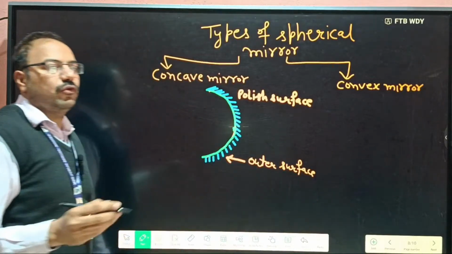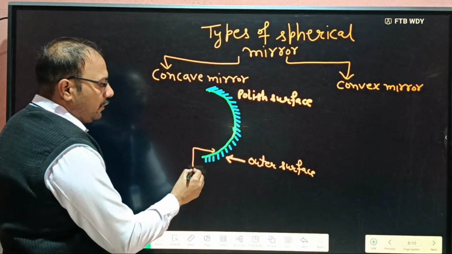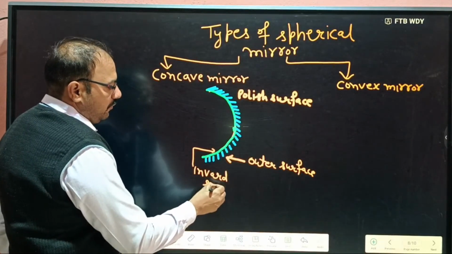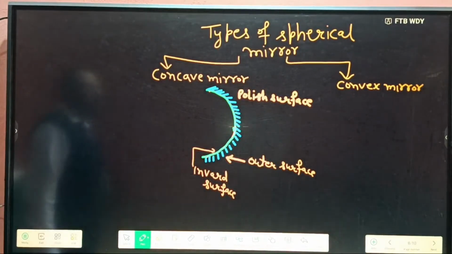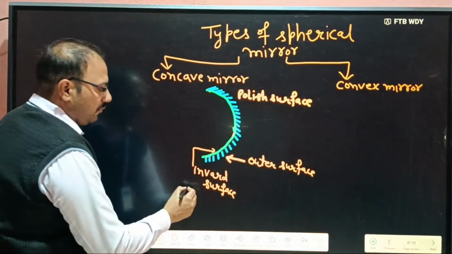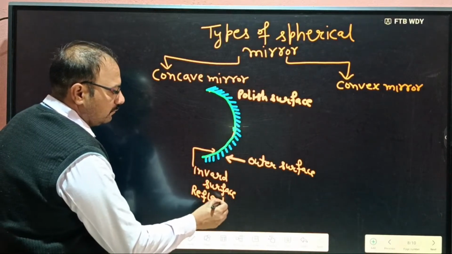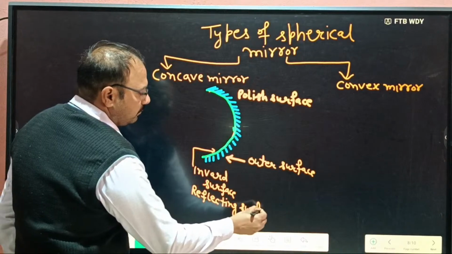This outer surface is known as the bulge surface, and the inward surface is the reflecting surface.